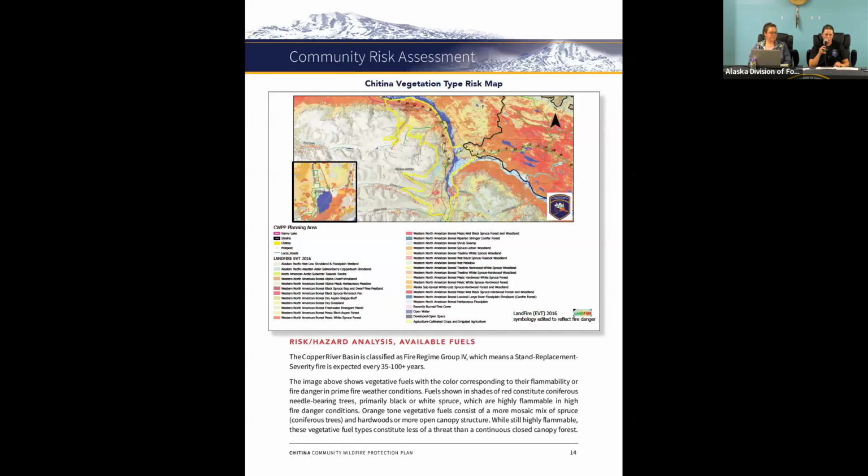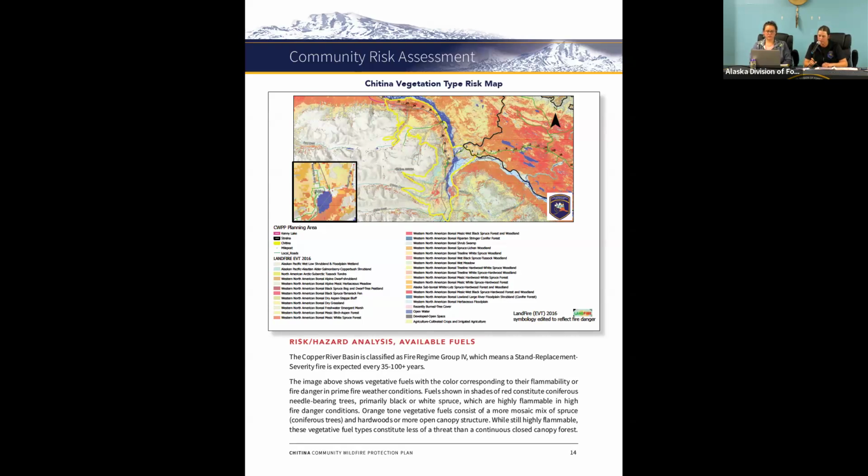So right now in the CWPP, I'm on page 14 and page 15. We're going to look at the rating elements used to create the community risk assessment, and I just want to reiterate that we were looking for a standardized, data-driven assessment in the creation of this.